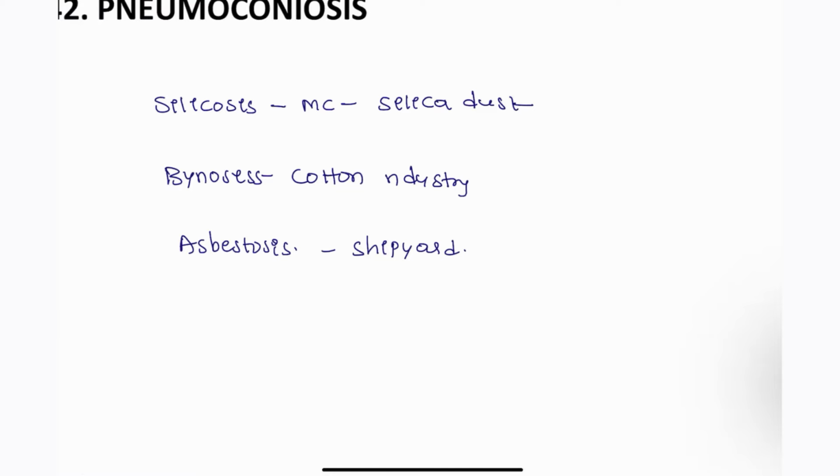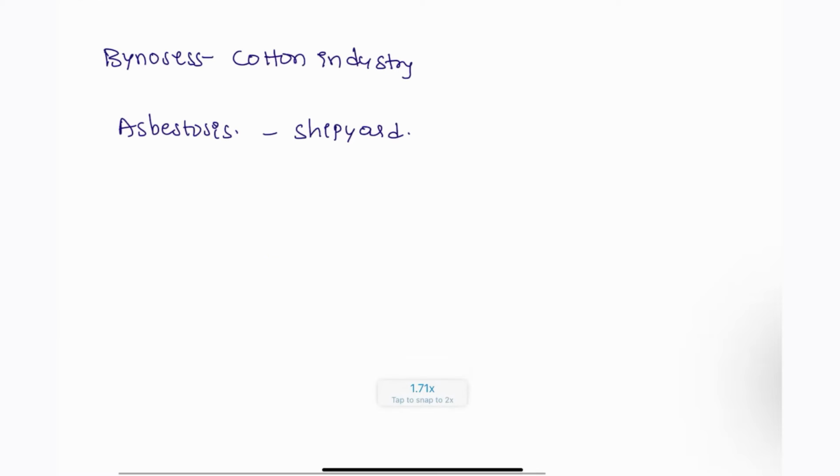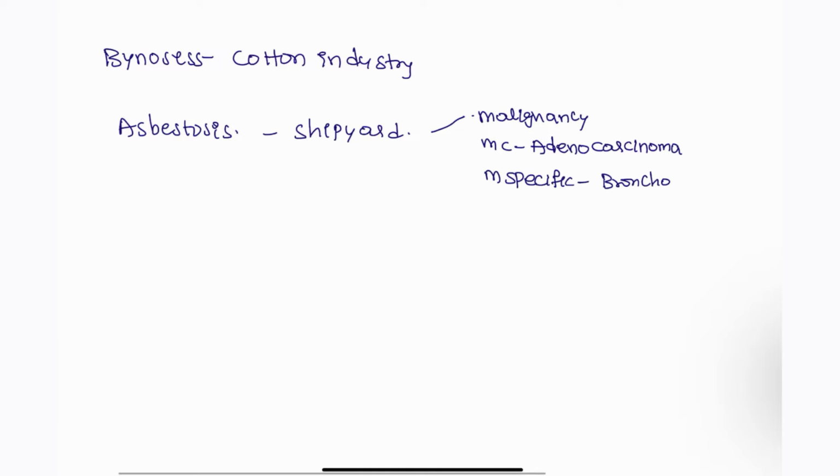But another important point that you have to know about asbestosis is that it has the risk of malignancy. Most commonly it is going to cause adenocarcinoma. But if they ask the most specific, it can cause bronchogenic carcinoma.